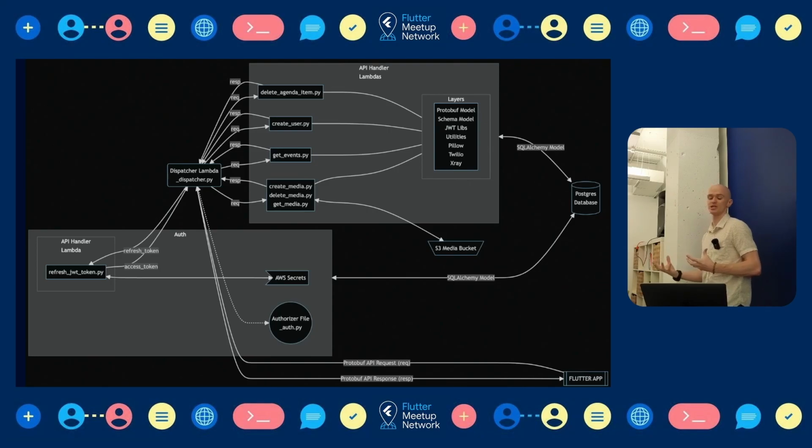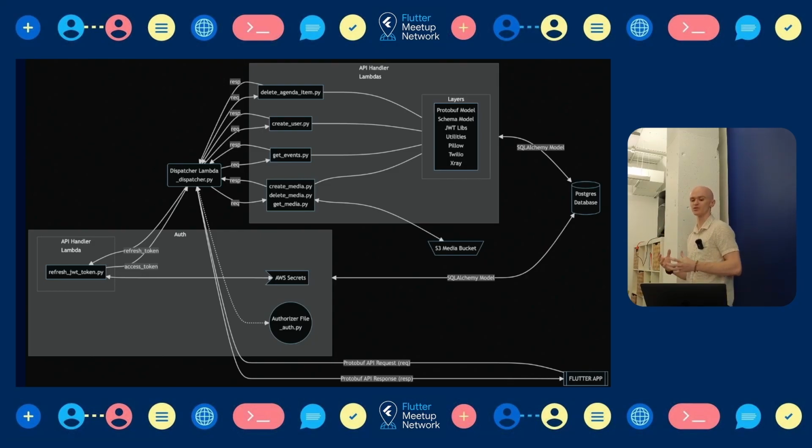But essentially, we just have our two programming environments. We've got our Dart or Flutter application, and we have our API. They're totally separate. The API is written in Python and runs in AWS. We have just those two environments, and data is being transferred back and forth to run our app.